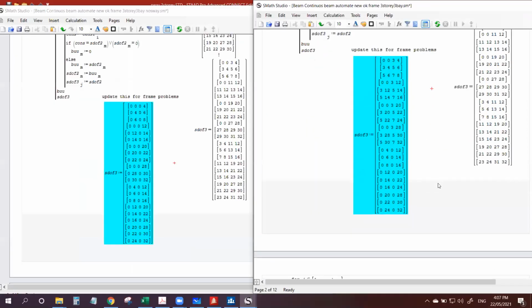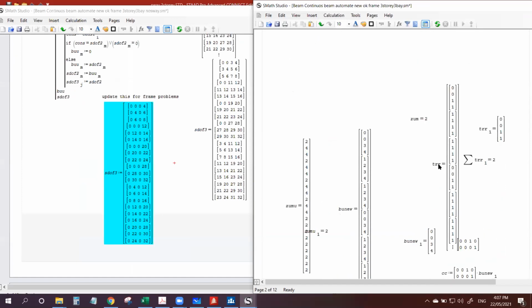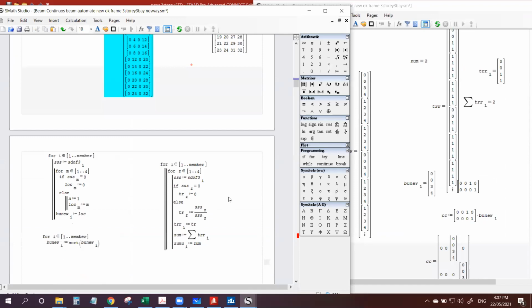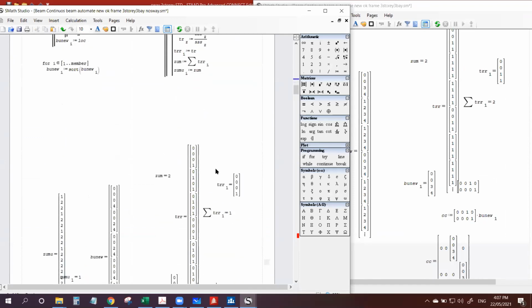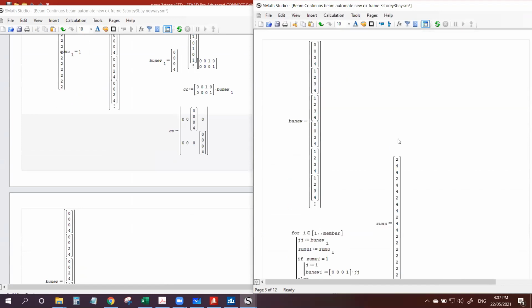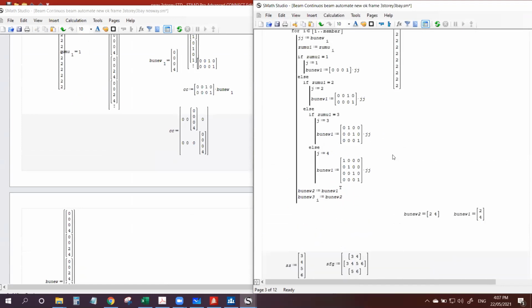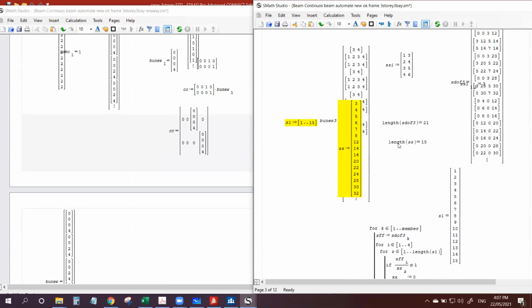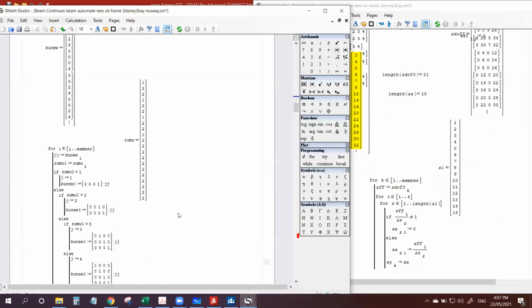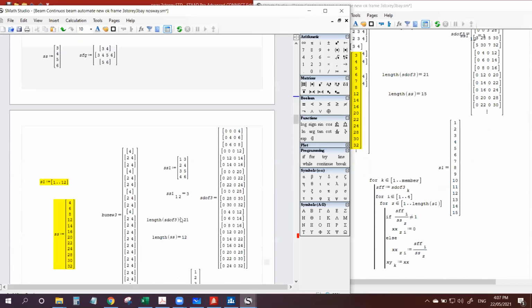So that's it. The rest of the code I will not explain further. And this is the SS matrix, 3, 4, 5, 6.